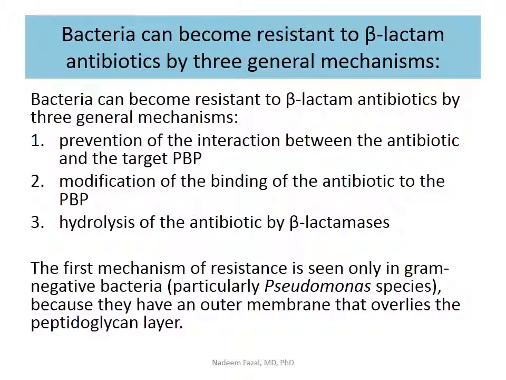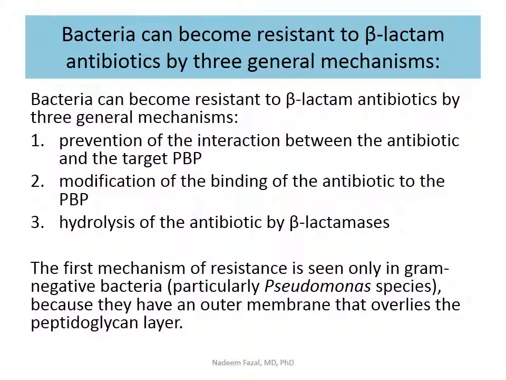Those bacteria that resist beta-lactam antibiotics, number one, will prevent the interaction between the antibiotic and the target penicillin binding protein. They would not let that happen, because if the penicillin is targeted for the penicillin binding protein, they would not allow it to reach there. Number two, they will modify the binding.